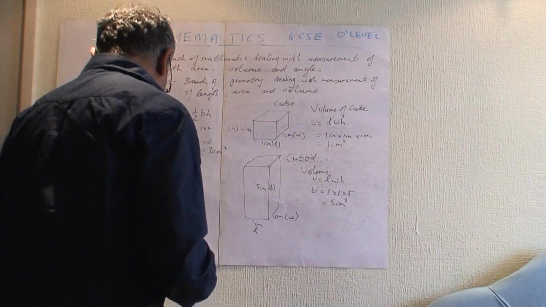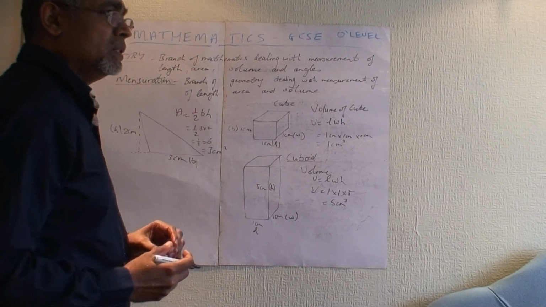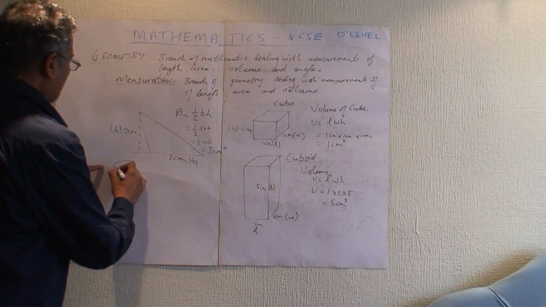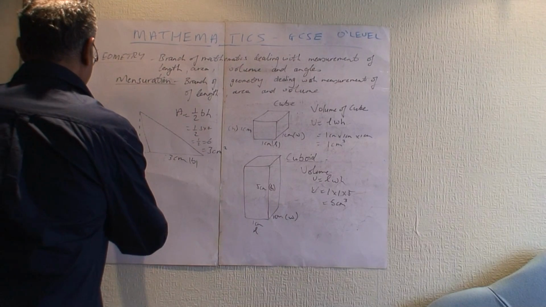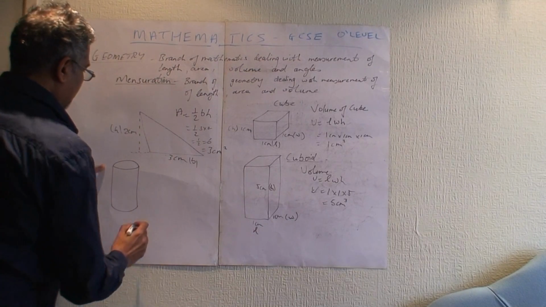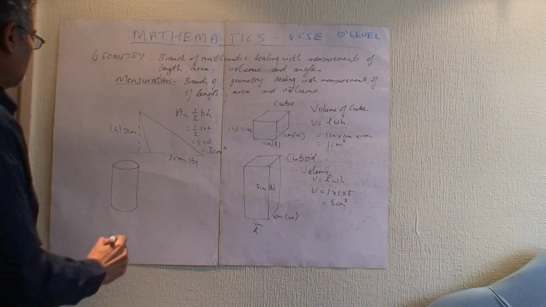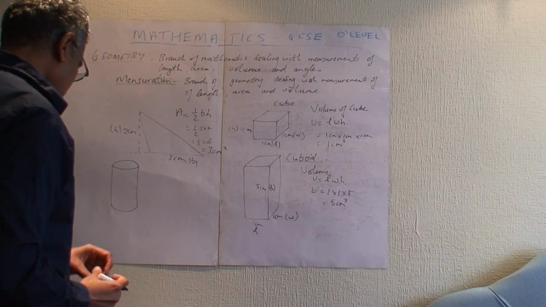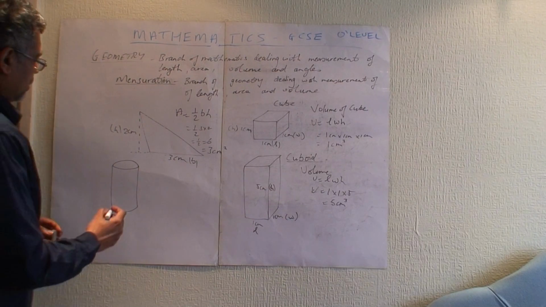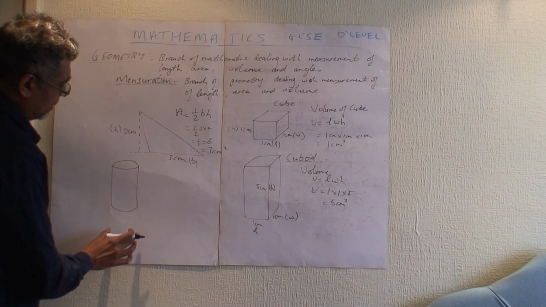Now what if we have another shape, what is known as a cylinder? Let me show you what a cylinder is. It's round, it's circular at the top, and it's long here.